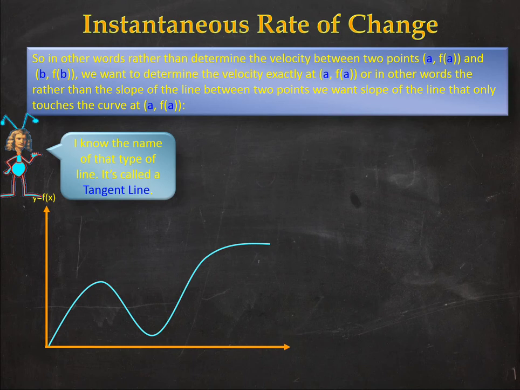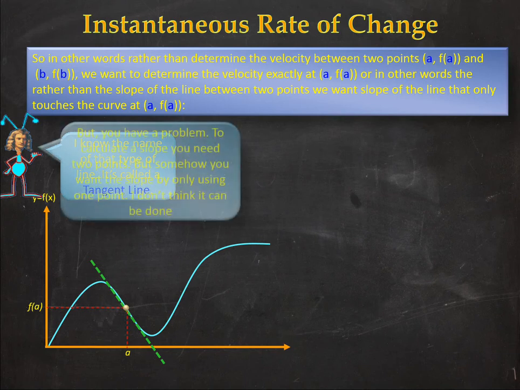And as you notice, Newton popped up and says, hey, I know what we call that type of slope. That line that just touches at one point on my curve is called a tangent line. I'll put my point in there and just demonstrate. Here's my A, f of A, and of course all we want to do is find the slope of this tangent line. So this would give us the instantaneous velocity at a point A, f of A.